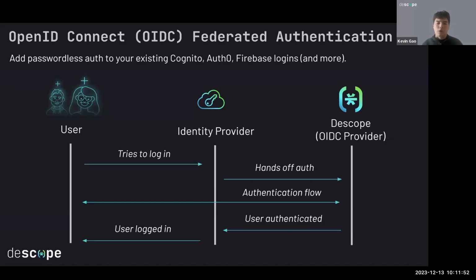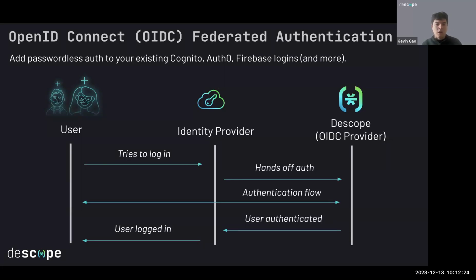In other words, it's a well-regarded way of connecting Descope as an OIDC provider with Cognito, and allowing Cognito to trust that Descope has authenticated the user properly, and then essentially sign that user in with Cognito without Cognito actually having to verify the user themselves. This works based on the diagram you see here.